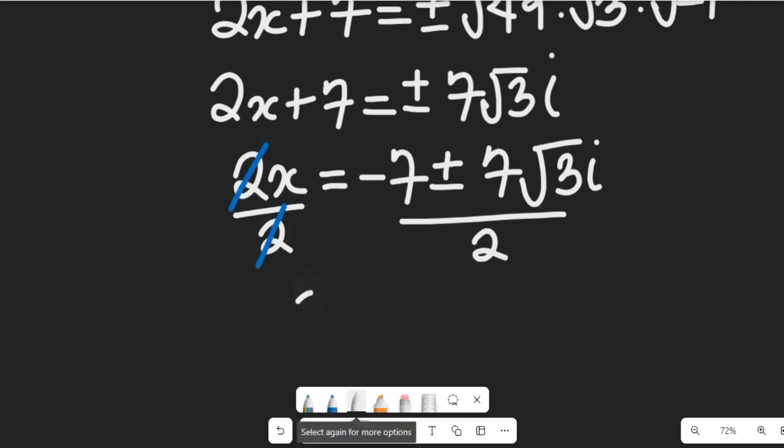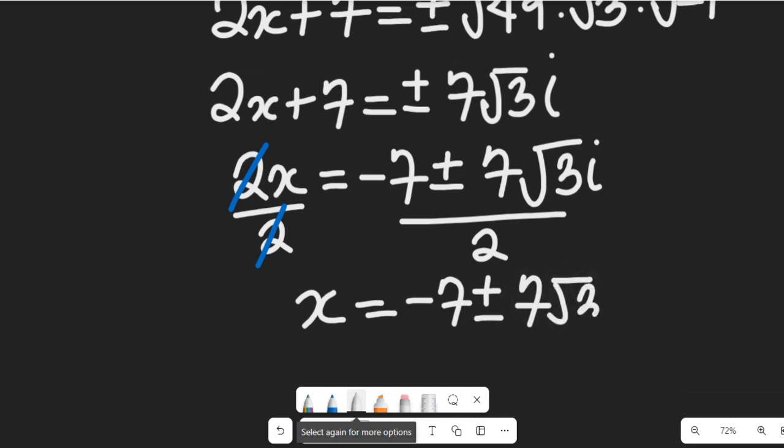We'll have the value of x equal to negative 7 plus or minus 7 root 3 j, divided by 2.